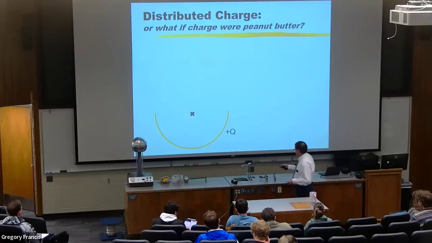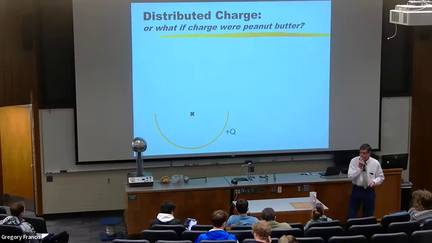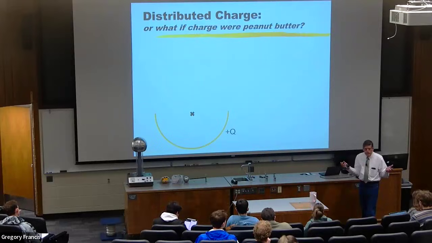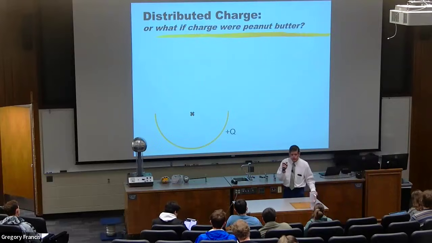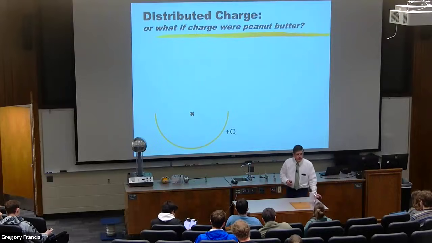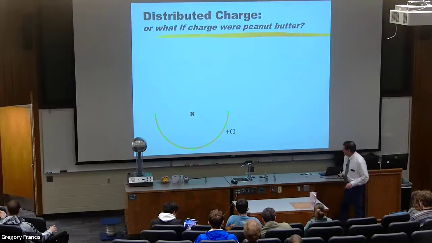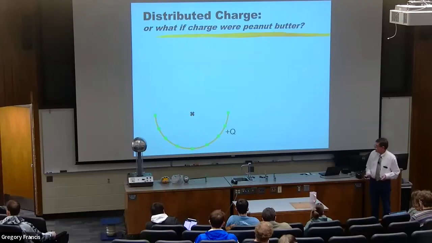And we're looking for the electric field right there at that X. Now, our formula only works for point sources, sources that are small. And so we don't have a formula for a rod that's bent like that. So what we do is we break that up into chunks and we use superposition, okay?